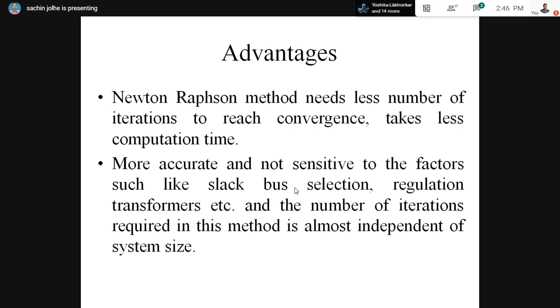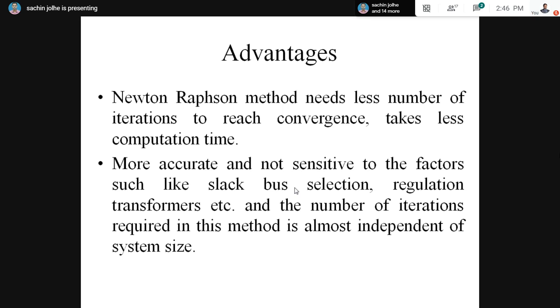size of the system. The size of the system, as we have seen previously in Gauss-Seidel, if the number of buses or state variables is going to increase, all our system calculation is going to increase.